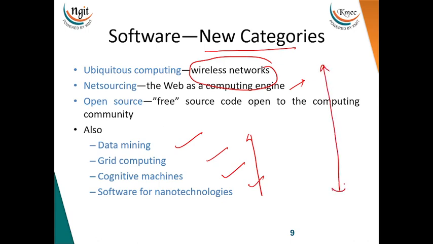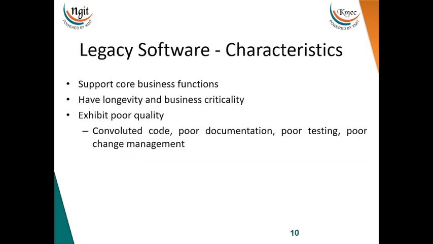So these are new things which are available for software. The basic thing now is your mobile phones, wireless networks, for which new software is coming. Network sourcing, where you can do all the process based on your network. Open source, you can download all those things.